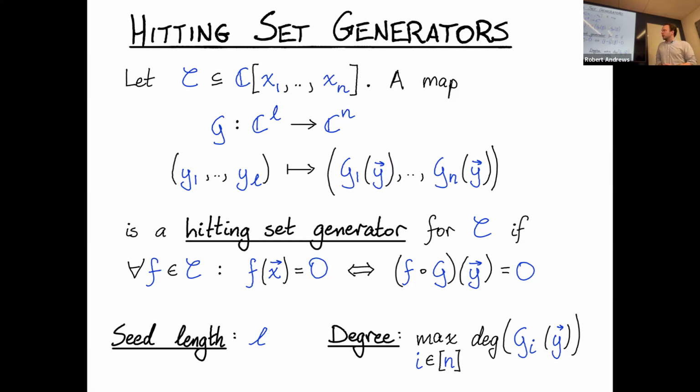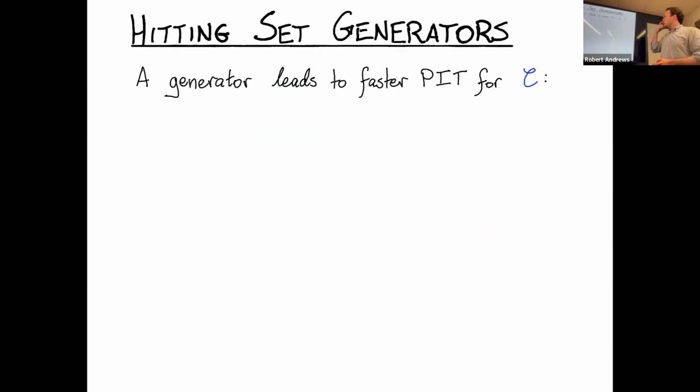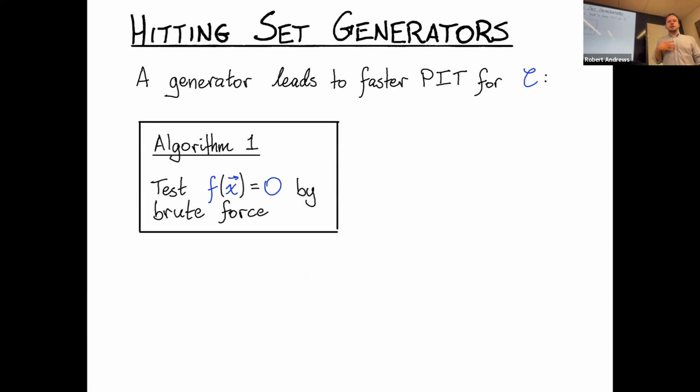Okay. So how do you use these things to actually design algorithms? I claim that if you have some set of polynomials you want to test, and you have a generator, this gives you a faster deterministic algorithm to test those polynomials. What can you do? One algorithm is just the stupid brute force algorithm. You take your polynomial and you test if it's 0 by brute force.